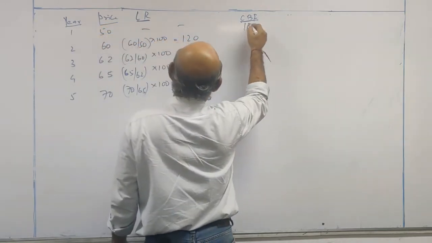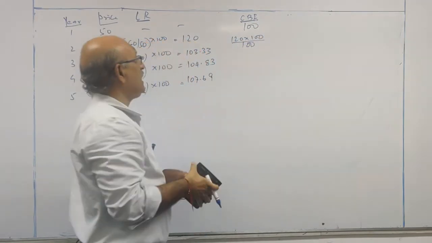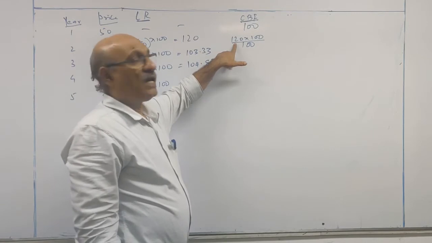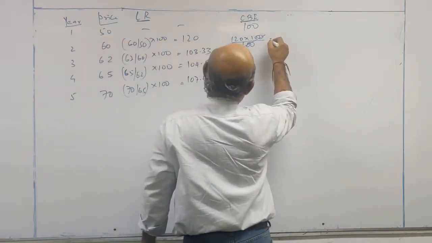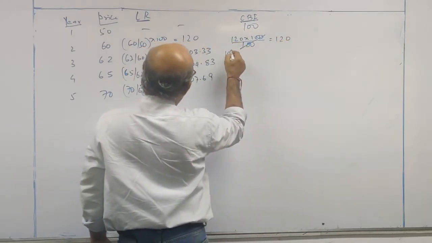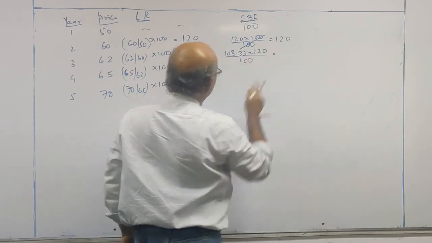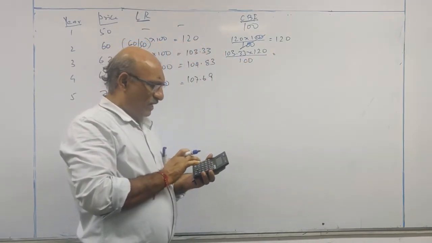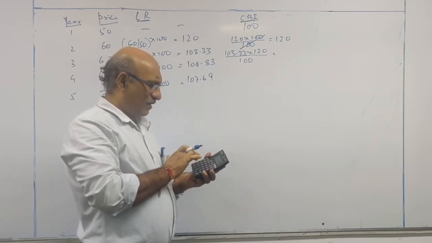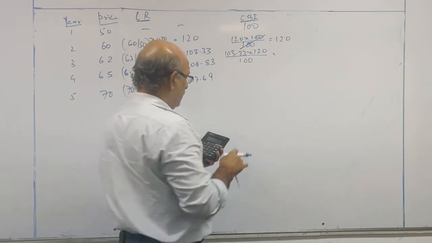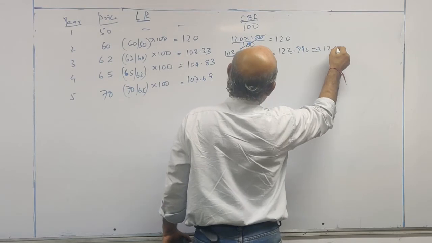So this is 100. Next, 120 into 100 by 100, that is 120. Link relative of current period into CBI of preceding period divided by 100. 103.33 into 120 divided by 100 is 123.99, so you can approximate to 124.